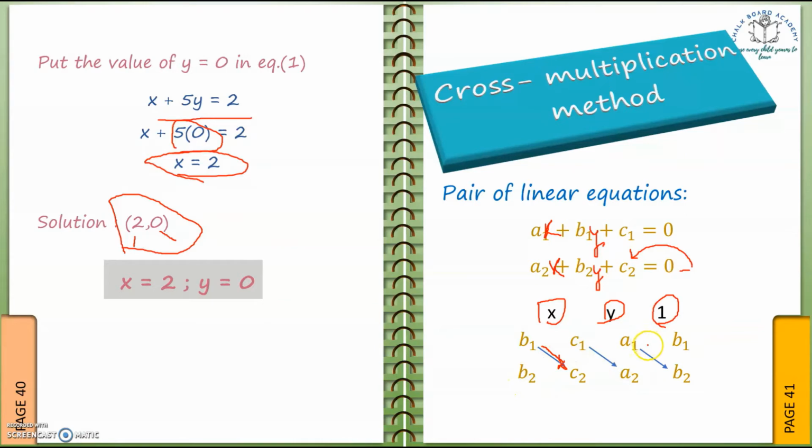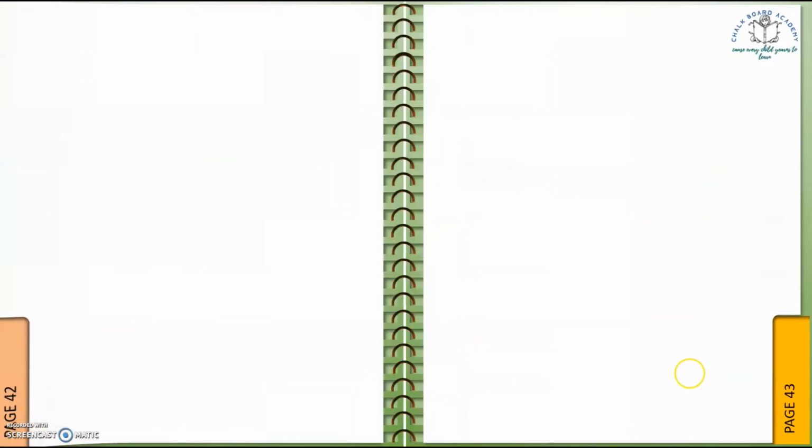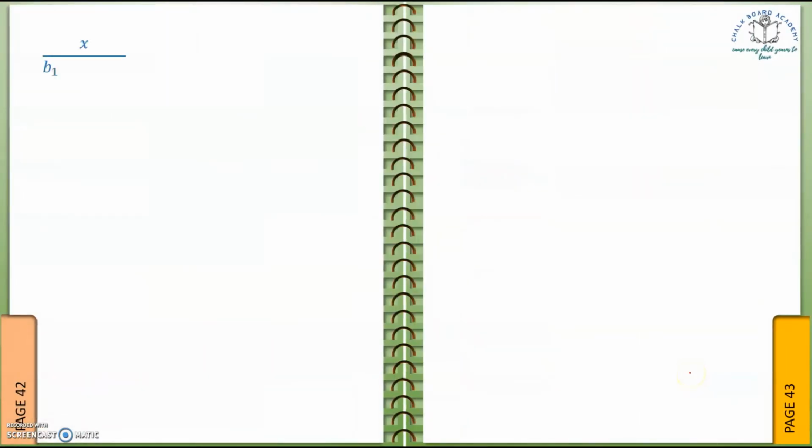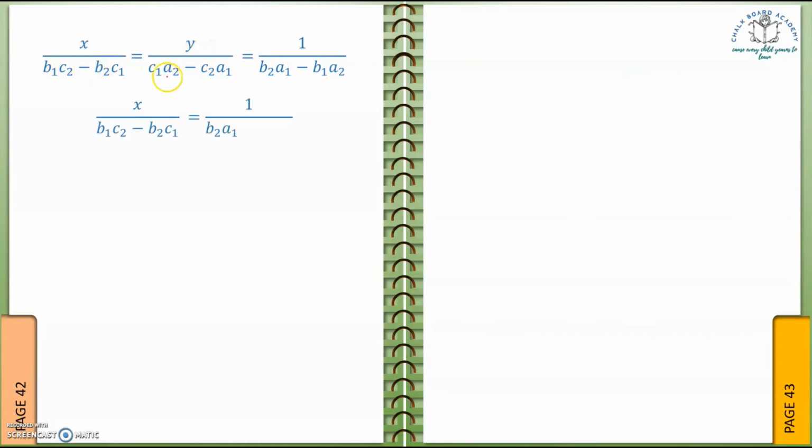Same goes here and then here. So let's look into the formula first. Here we got x by b1 multiplied by c2 minus b2 c1 is equal to y by c1 a2 minus c2 a1 is equal to 1 by b2 a1 minus b1 a2.